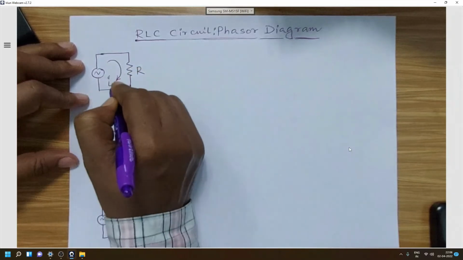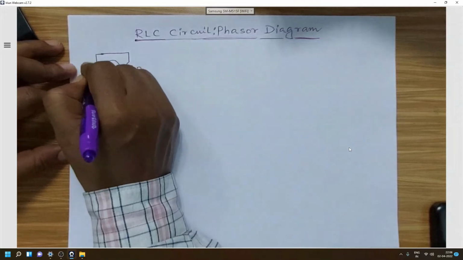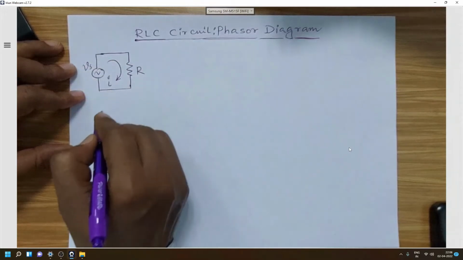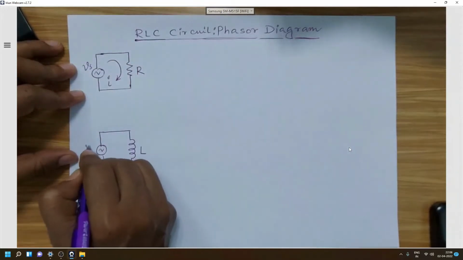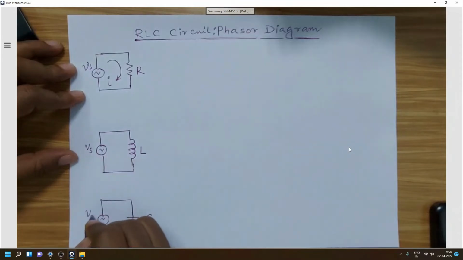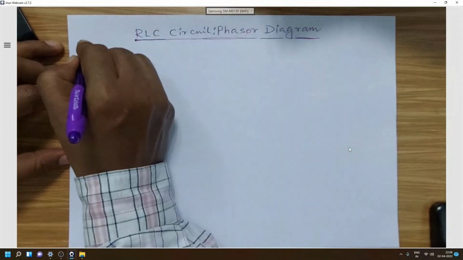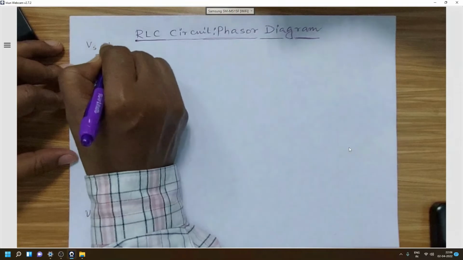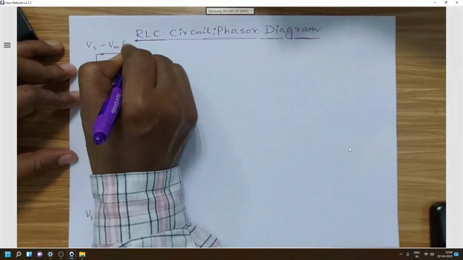So let us consider the Vs, which is applied, is given by Vs equal to Vm sin omega t.